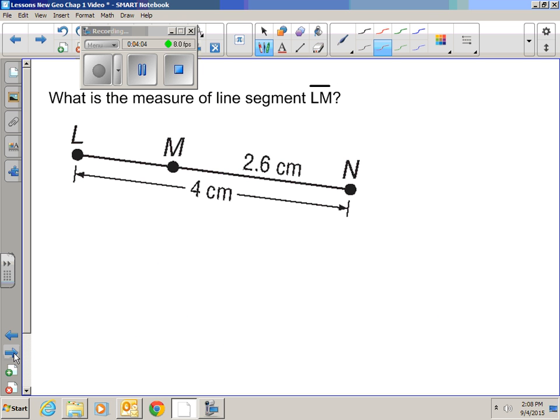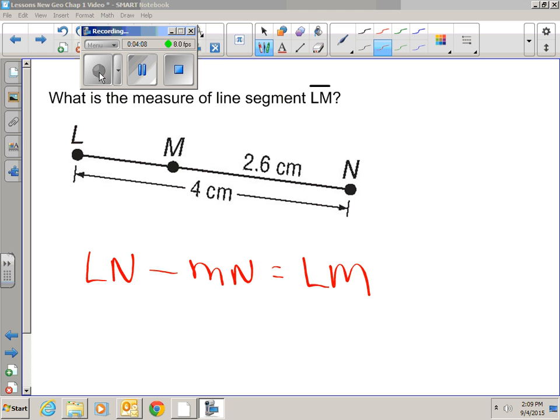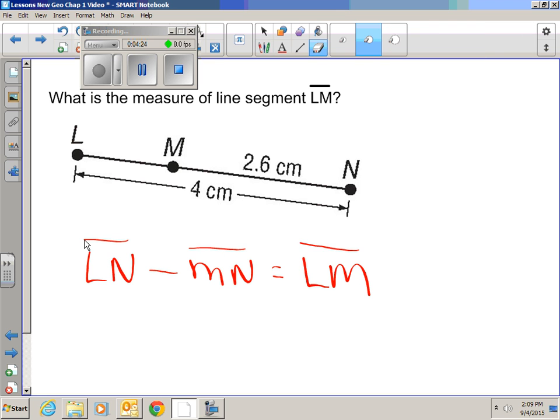What is the measure of segment LM? As we look at this problem, please note in notation, if I write the letters LN with my segment symbol, that means that I'm talking about the segment. If I write LN, LM, and MN without any symbol up above, what I'm talking about is the measurement of the segment.